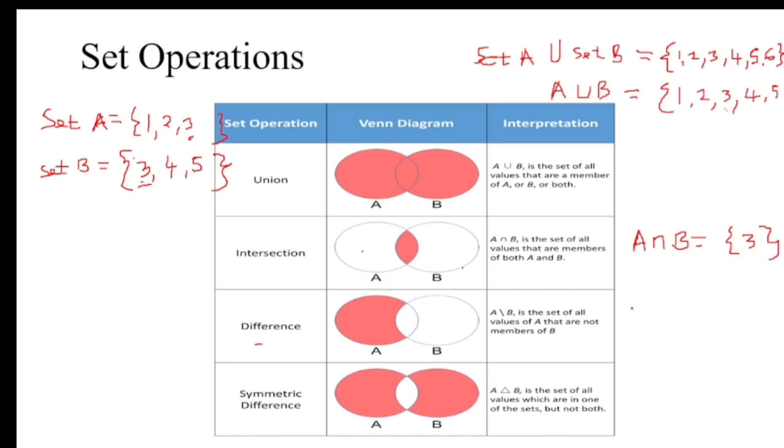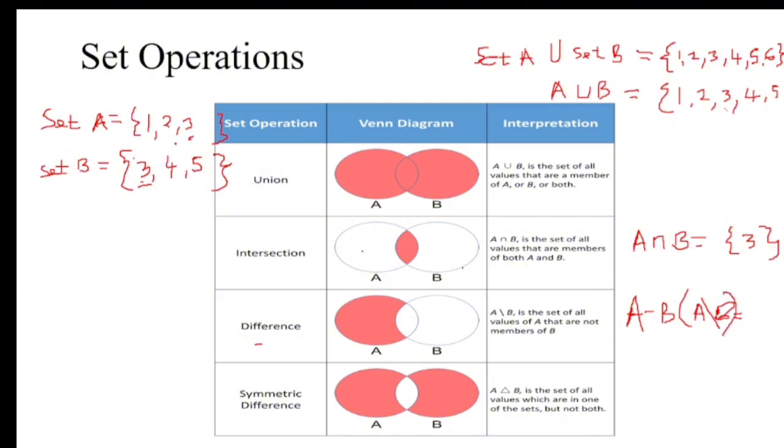Okay, let me say I have A difference P. We can use a minus P, or we can use this backslash. Yeah, so here that means we'll only have the members that are of set A, but not members of set P.